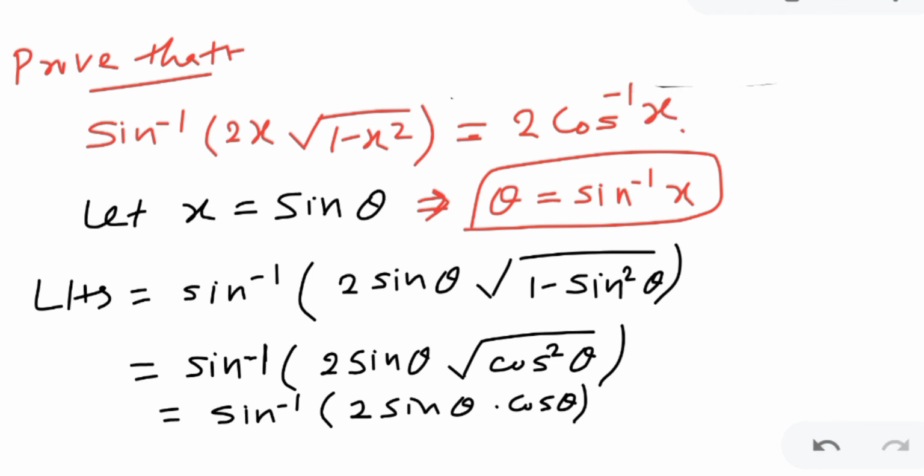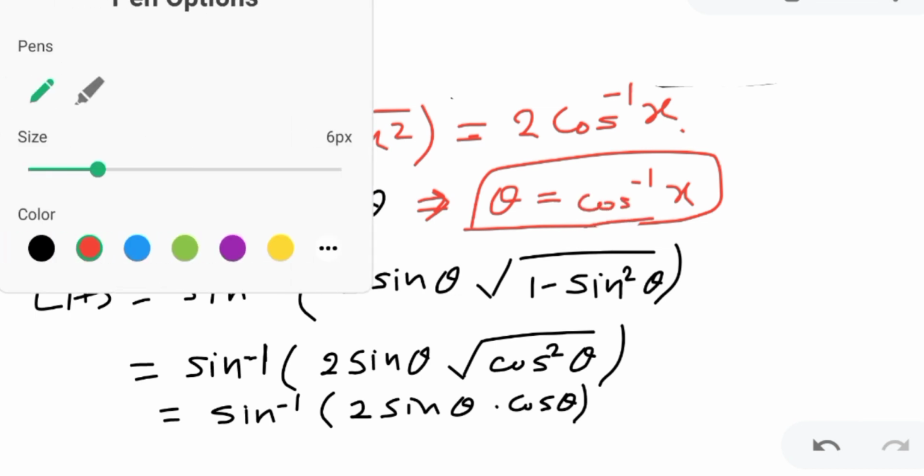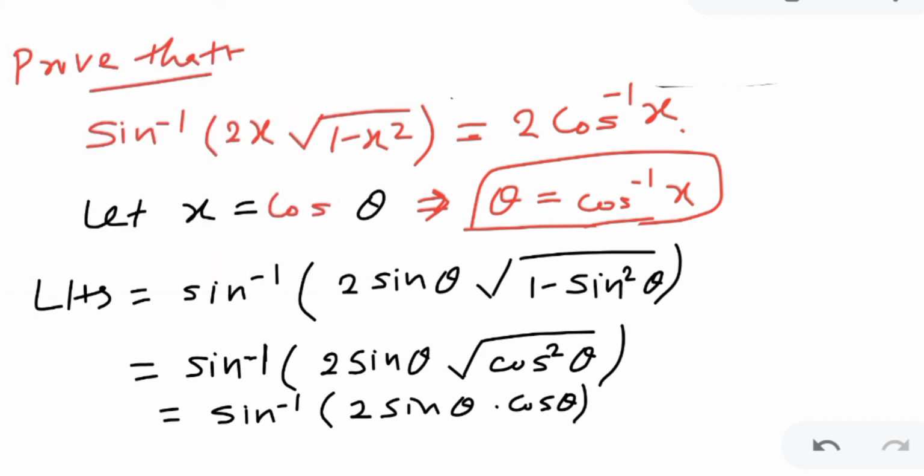So what we'll do? Just in place of sine I will take cos, correct? So this will become sine inverse 2 cos theta, so only this will change to cos theta, and this sine square theta will become cos square theta.